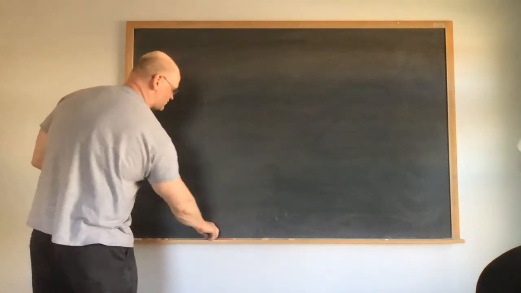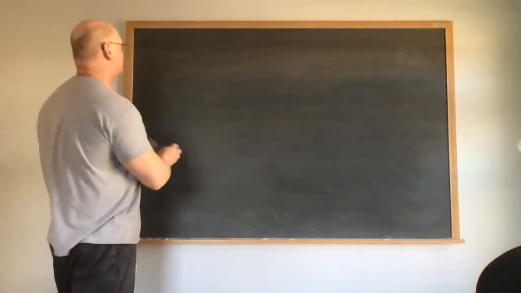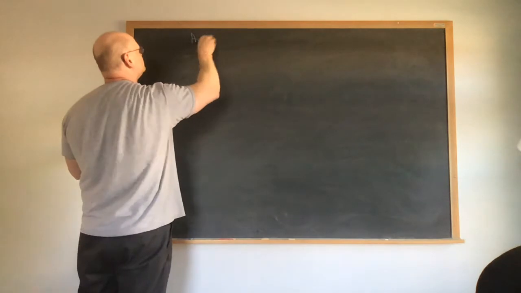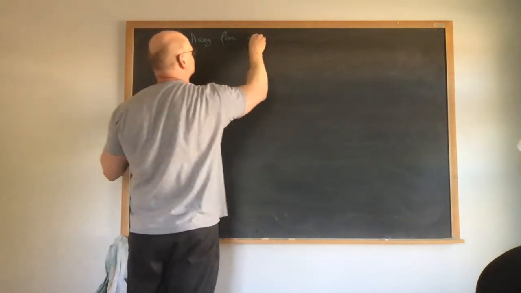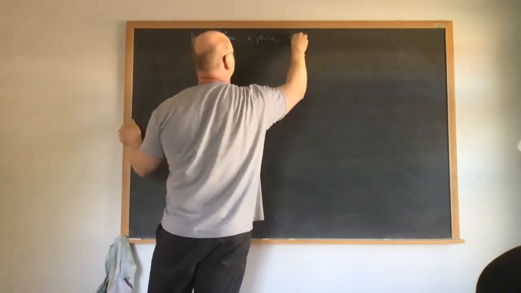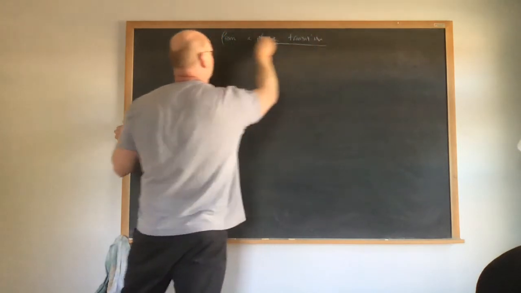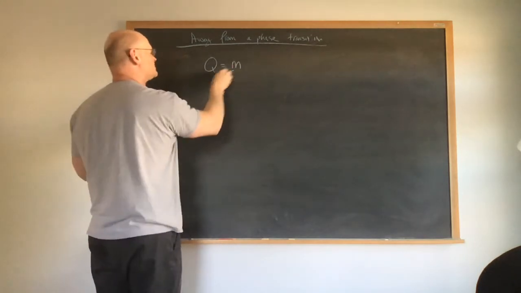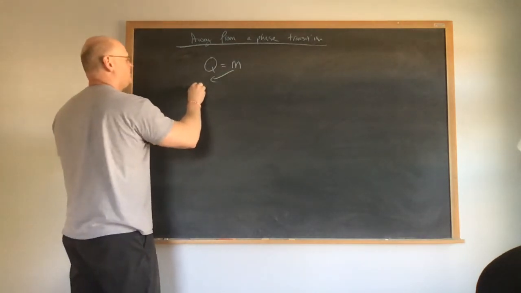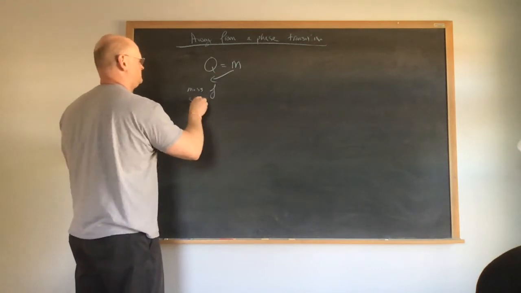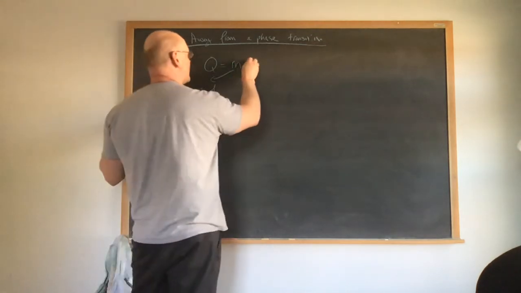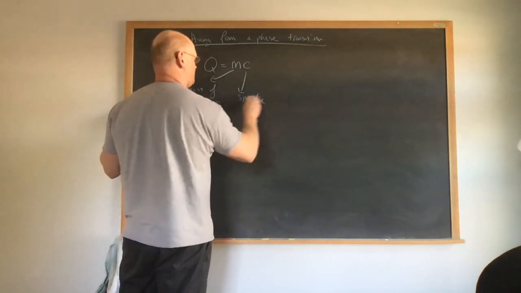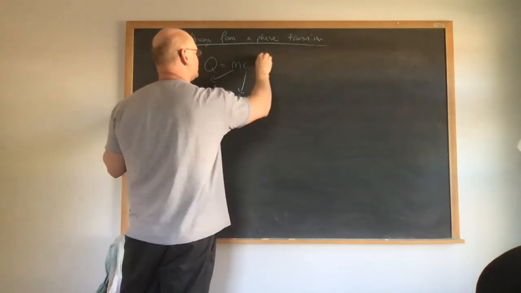So this one I'm just going to jump directly into specific heat. So here, away from a phase transition, what happens is that the heat is equal to the mass, so this is the mass of the substance, times what's known as the specific heat, times the change in temperature.